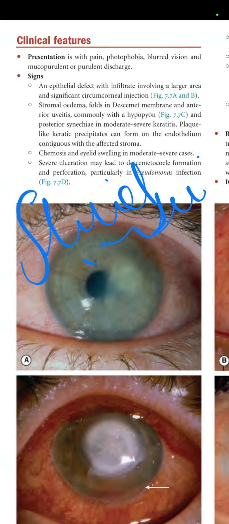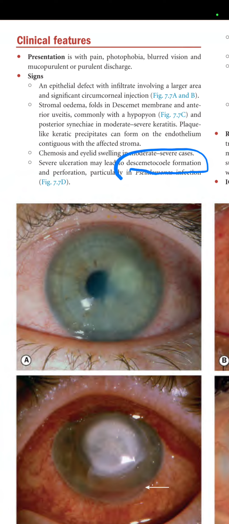Severe ulceration may lead to complications. So if there is a severe ulceration, then it can lead to descemetocele formation, meaning a protrusion of the Descemet membrane through the thinned out cornea. And even perforation can occur, particularly in Pseudomonas infection.